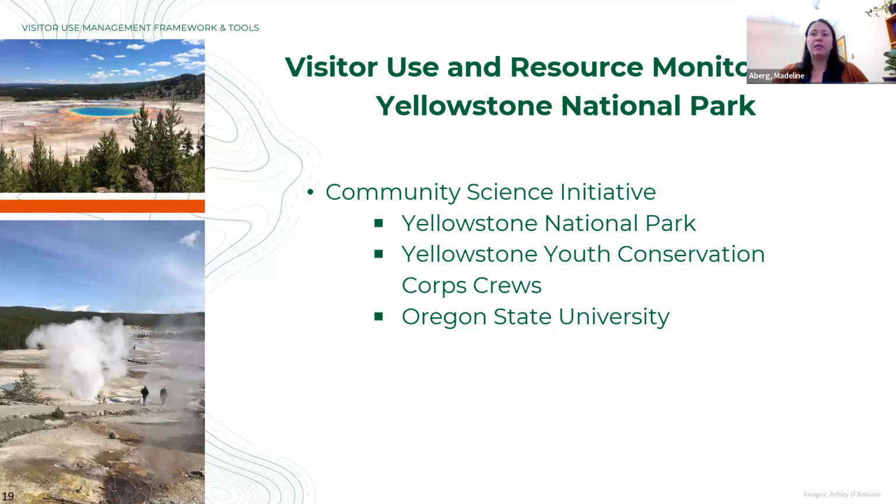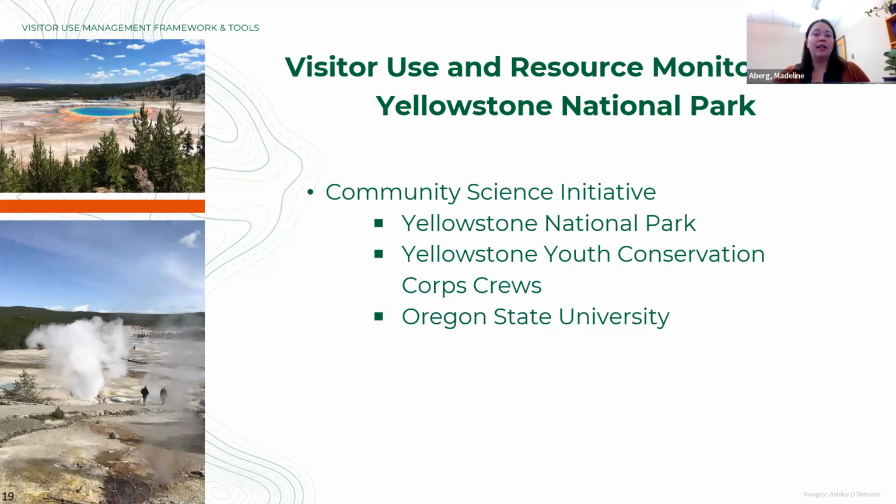And the question in this project was, how can we be creative, thoughtful, and intentional while being publicly defensible in our monitoring approaches within this context where we have limited resources? And so in this project, the team embraced the idea of community science, which is using volunteers or members of the public to collaborate with scientists and collect research data.